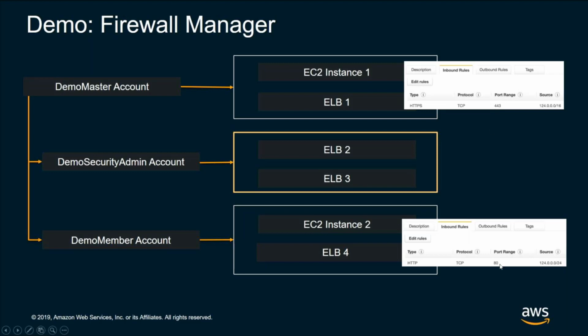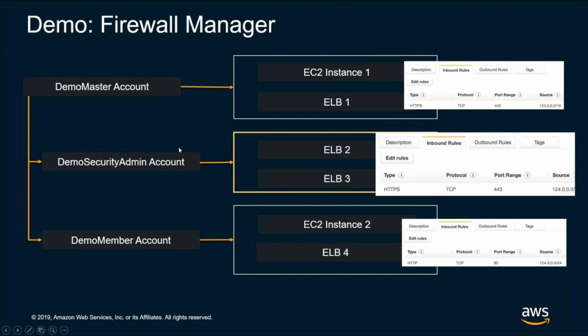So as soon as the Firewall Manager administrator creates a policy that mandates that only port 443 can be open as an inbound rule, while EC2 instance 1 is compliant, EC2 instance 2 is non-compliant. Firewall Manager should be able to detect that this account is non-compliant and let me know that state.